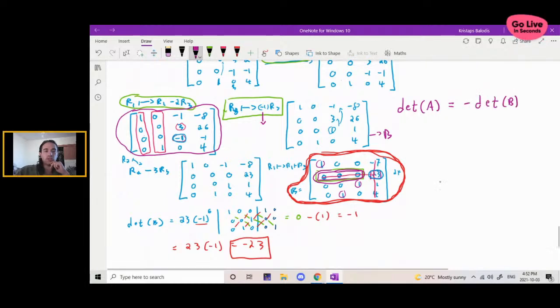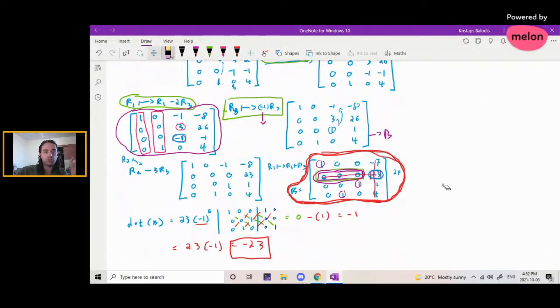So to write this out properly, in this case it's just -1, but if the scalar had a different value, we'd have to be careful. So this tells us that the determinant of B is simply the result of performing that same scalar multiplication to the determinant of A, right?